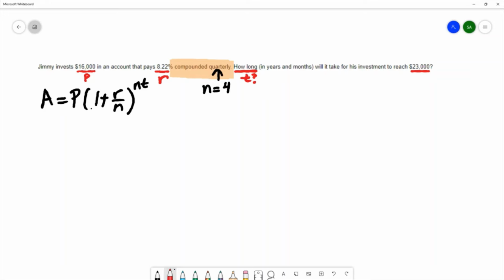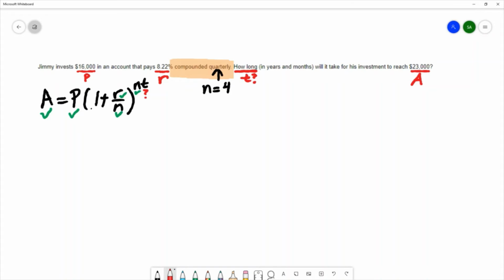That is A, our accrued amount or our ending amount, the amount that the investment grows to over that period of time. So looking at our formula, I have a value of A to substitute here, a value of P to substitute here, a value of N, a value of R, another value of N, and our unknown, which we're hoping to figure out.